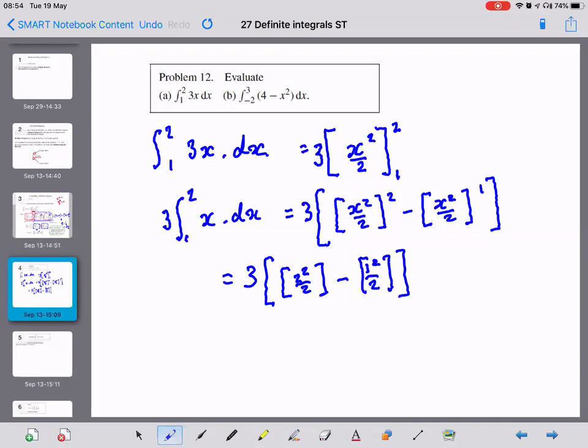Close all our brackets up. It is 3 times 2 squared is 4 divided by 2, which is 2, minus 1 squared is 1 over 2, minus a half. Yeah, and 3 times 1.5 is equal to 4.5.